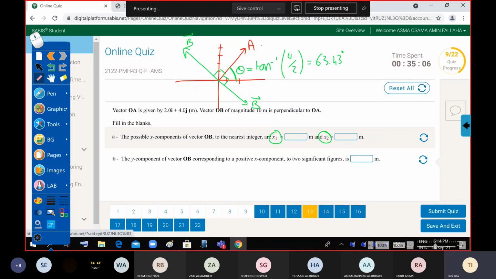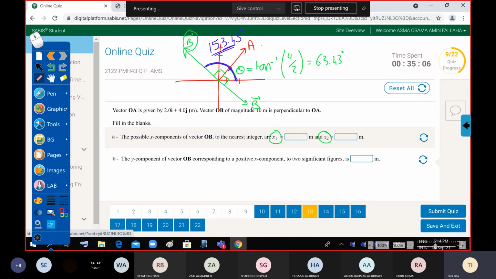Now, the second thing you do, you need to find the angle that B makes with the x-axis, which is this. So this is for the first position of B. What will be this whole angle? It's going to be 153.43 degrees. Why? Because this is angle theta that is 63, and this is the 90 that you add up. So you will have the 153.43.